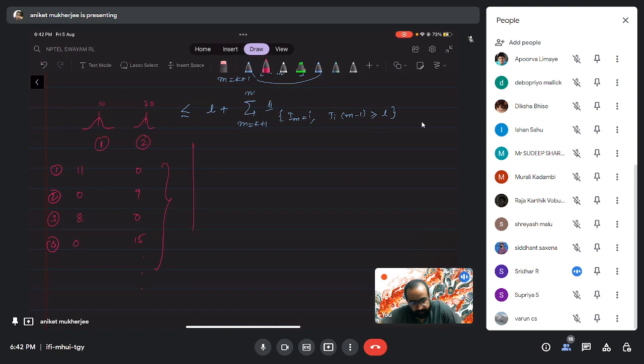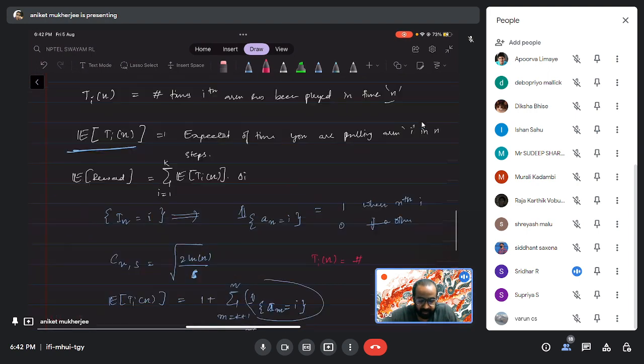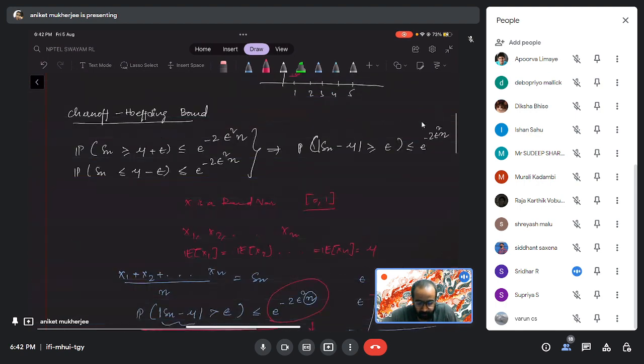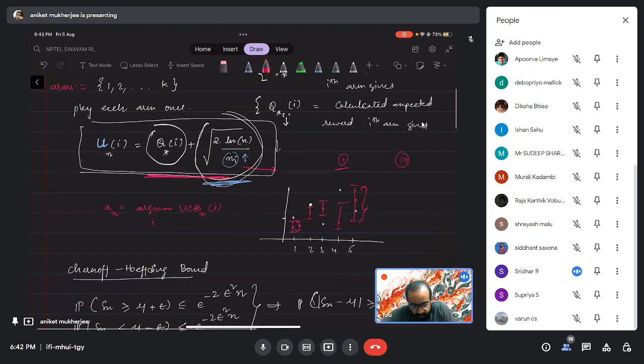Now there might be another sample path where the first time I pull 1, I get 5, but the first time I pull 2, I get 19. Then the third time I'll try to pull the second arm more. So the randomness in the rewards matters, since what arm you pull next depends on your estimated reward.